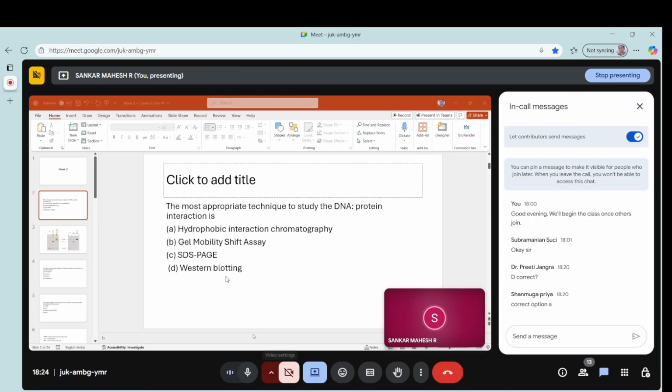Both these options are incorrect, and the third incorrect option is again SDS page, because of the nature of the page, which is denaturing. You will not be able to confirm whether DNA protein interaction is actually happening. What you will be able to see is that a protein in the absence of DNA binding will run at its actual molecular weight.